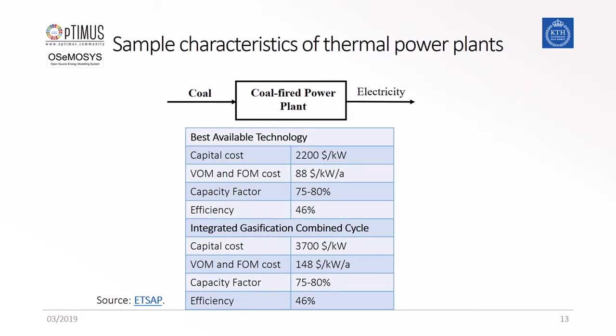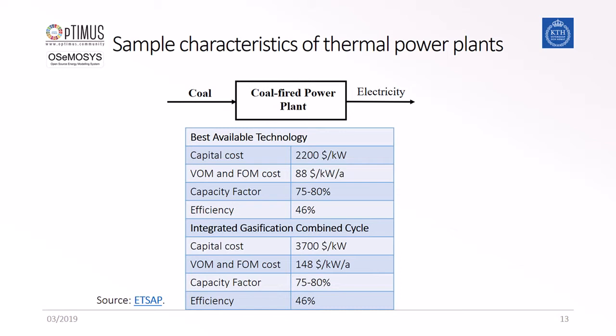Here are some characteristics of some sample thermal power plants that you can find, and the source is from ETSAP. So here you have a coal-fired power plant which uses coal as the fuel and electricity as the output.